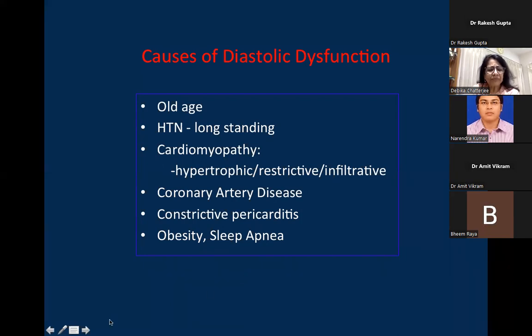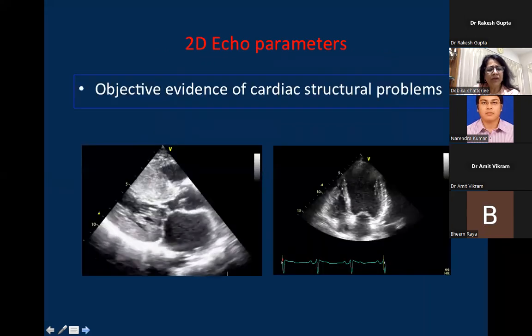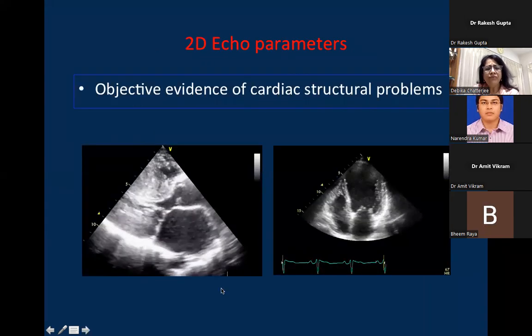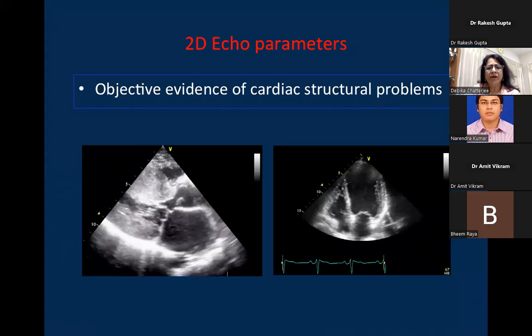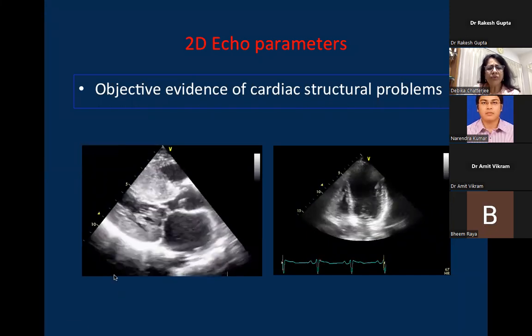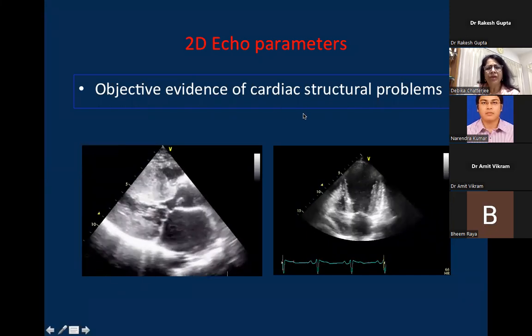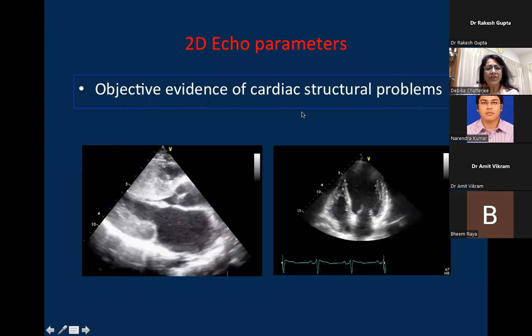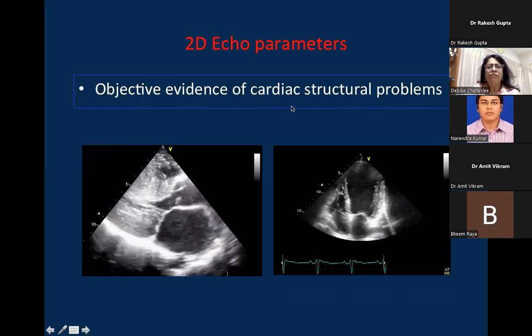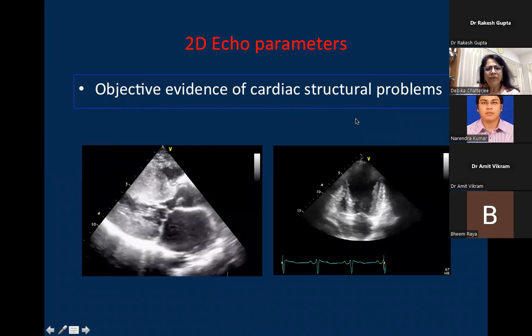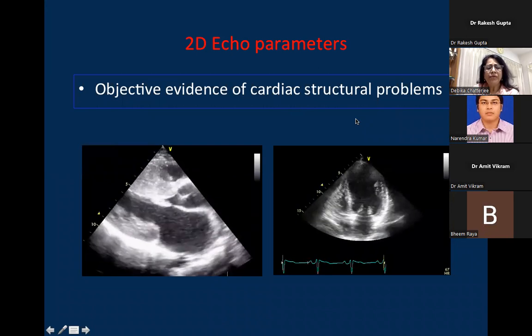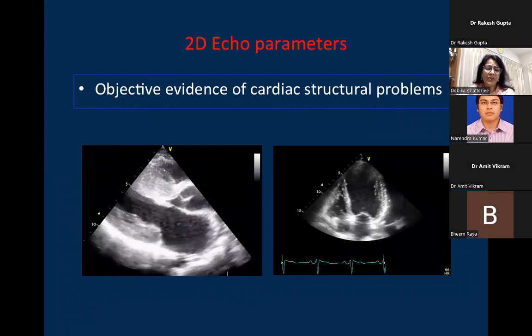Now, if we start looking at the heart for assessment of the diastolic dysfunction, we always start with two-dimensional echo. And we get certain objective evidence of cardiac structural problem, which will give you a suspicion of presence of diastolic dysfunction.